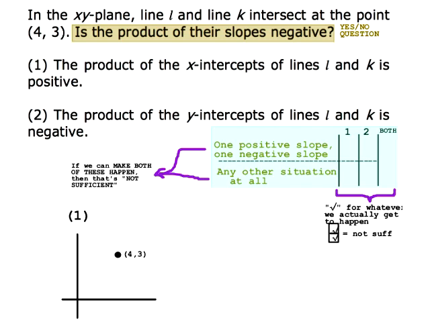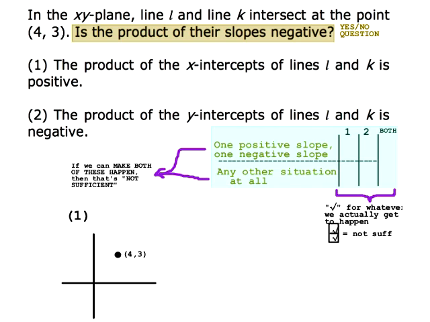The product of the x-intercepts is positive. So tell me, what does that mean? It means that, yeah, you have two x-intercepts that have the same sign.